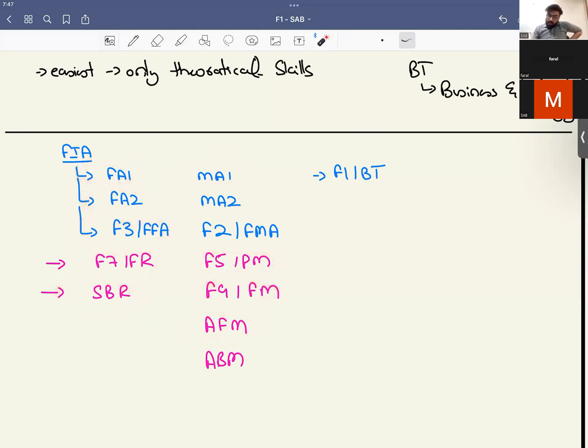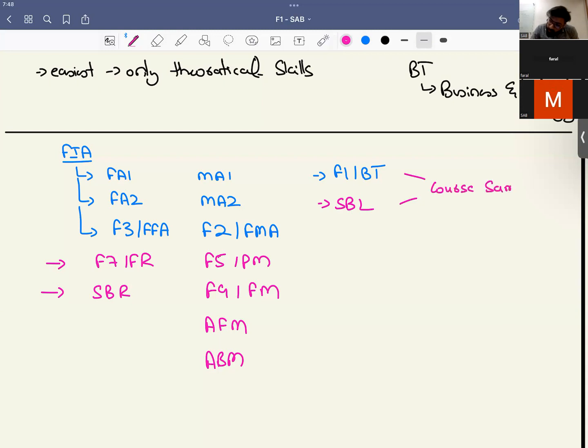These are the papers. But in F1, the next paper which you are going to study is SBL, and in fact F1 and SBL are totally similar. The questions are much more detailed in SBL and less detailed in F1. In SBL and in F1, majorly the course is the same.